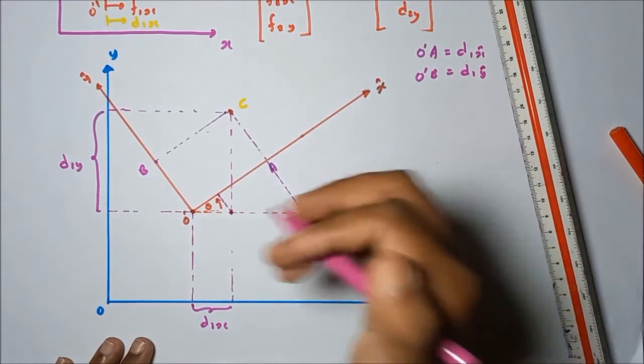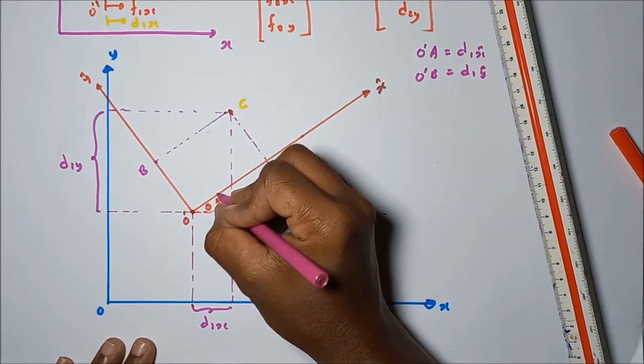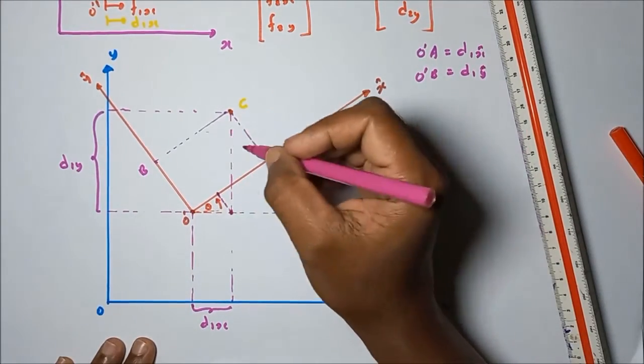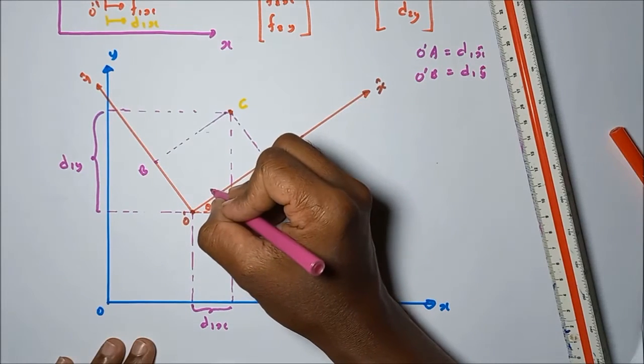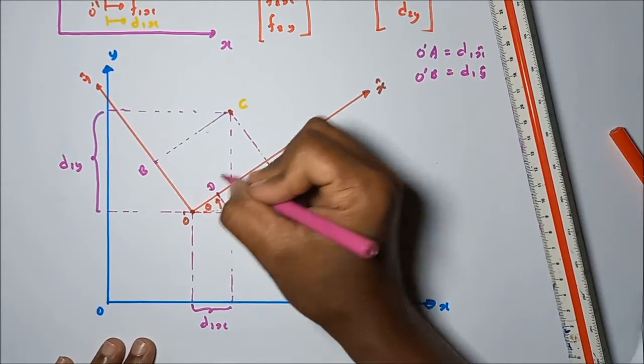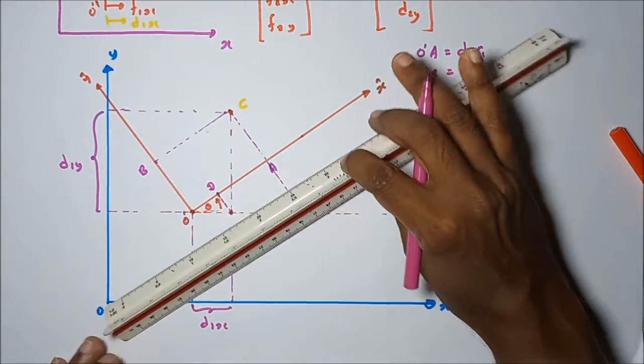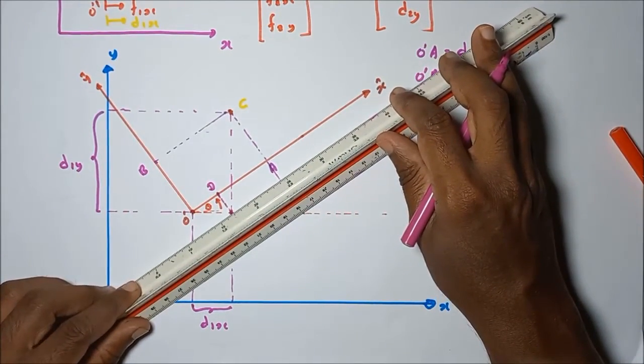Let's take this point as D. Then from this point I'm going to draw another perpendicular line.